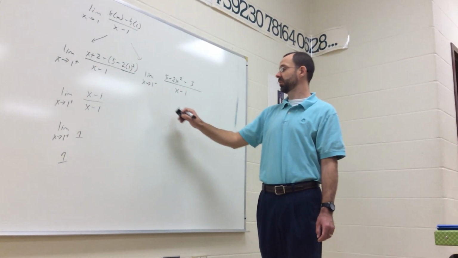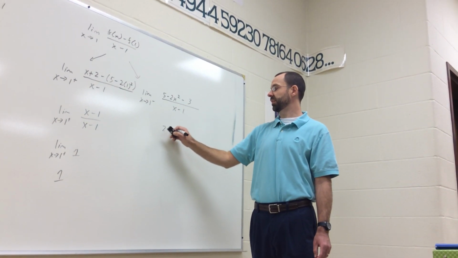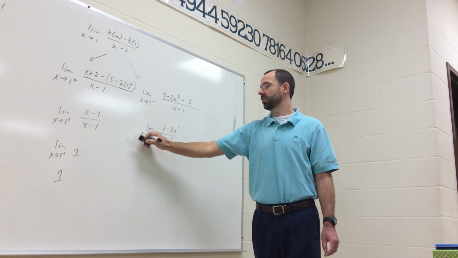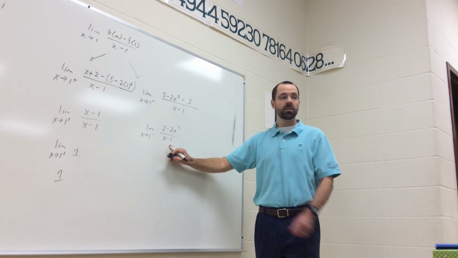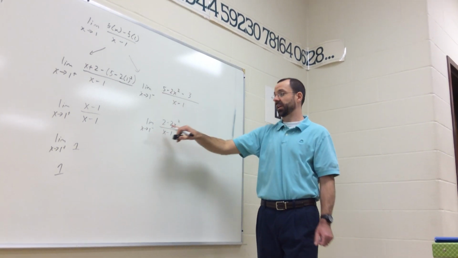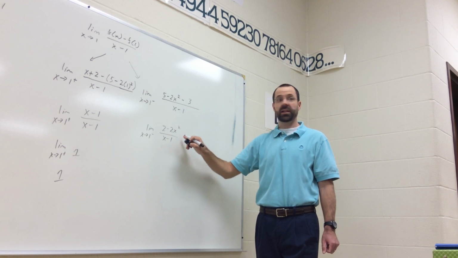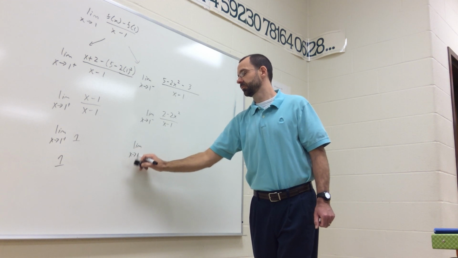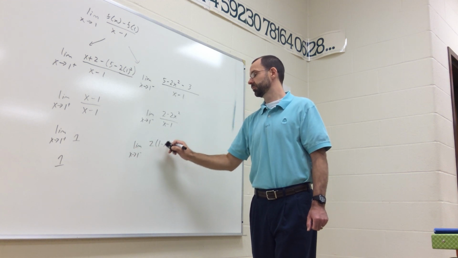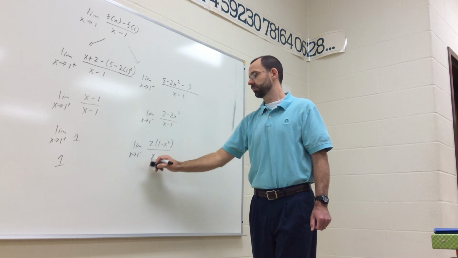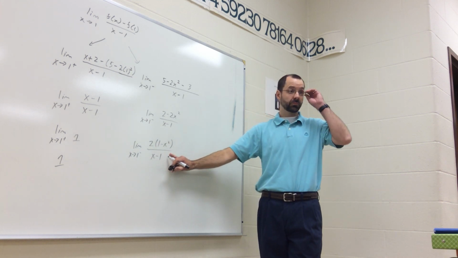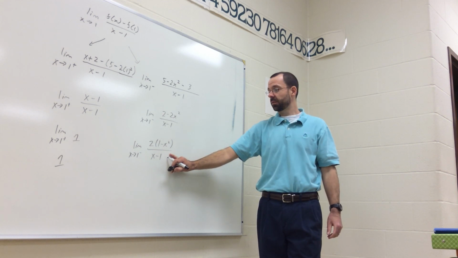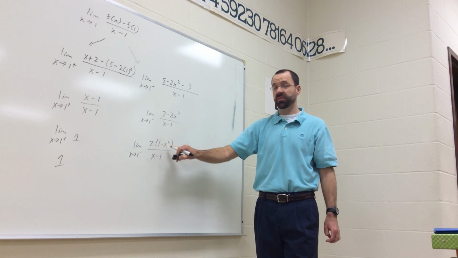Then over here we've got 2 minus 2x squared over x minus 1. I took 5 minus 3 and got that 2. Then I can factor out the 2. Then this is the difference of two squares.